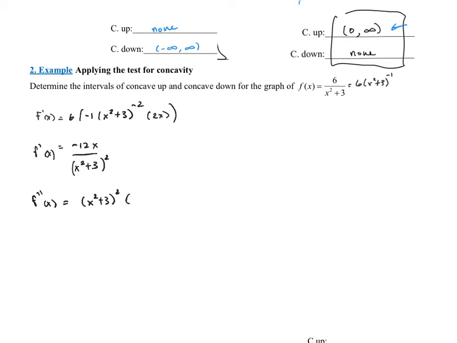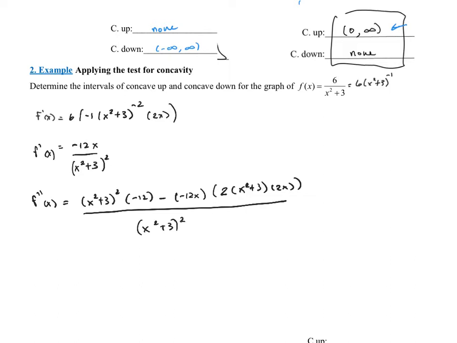The derivative of negative 12x is negative 12, minus the top, which is negative 12x, times the derivative of the bottom. Again, I'm going to use the chain rule, which would be 2 times x squared plus 3 raised to the first power, times the derivative of the inside, which is 2x. All of that is over the bottom squared, which would be x squared plus 3 squared, quantity squared, and then square that entire thing. A squared squared is going to be a fourth power.